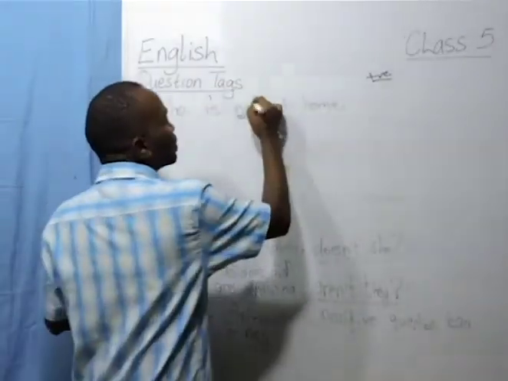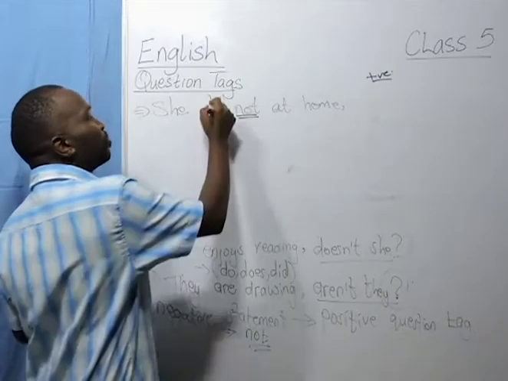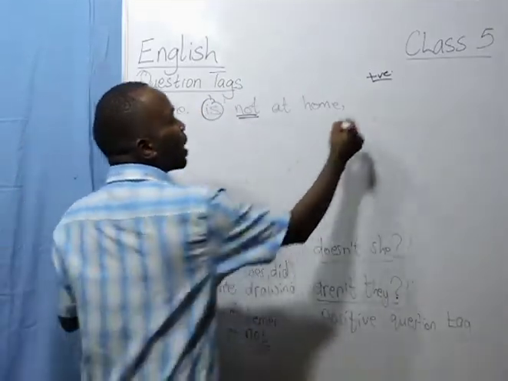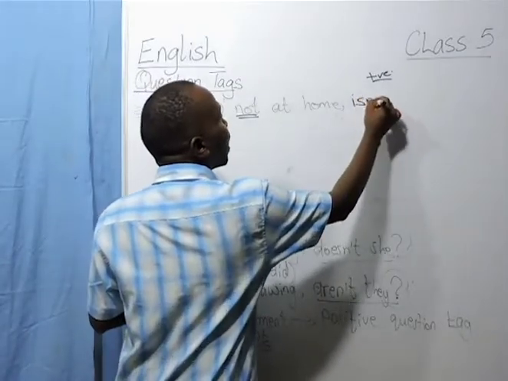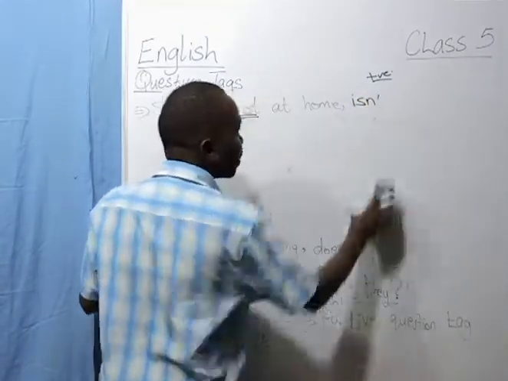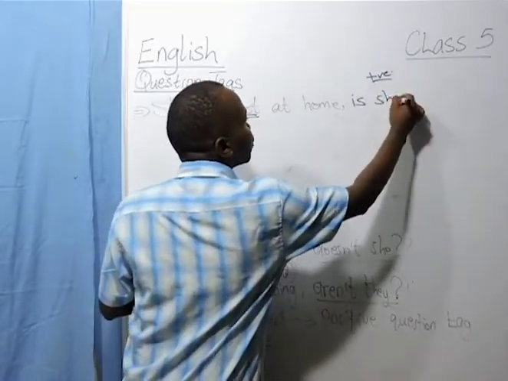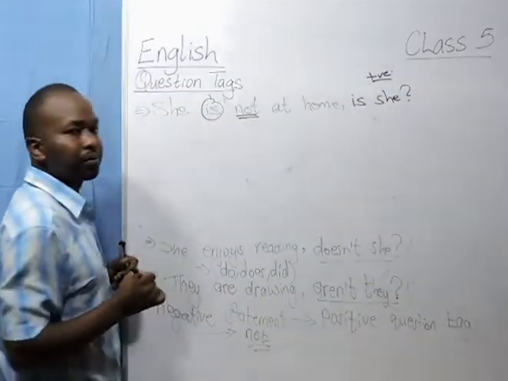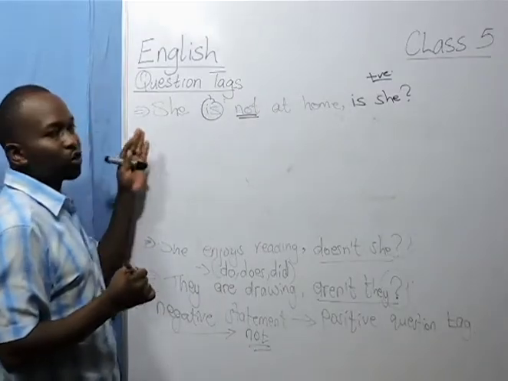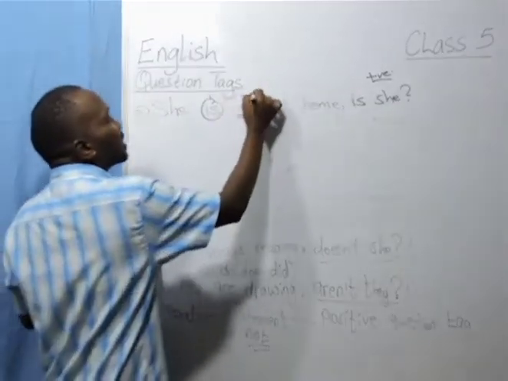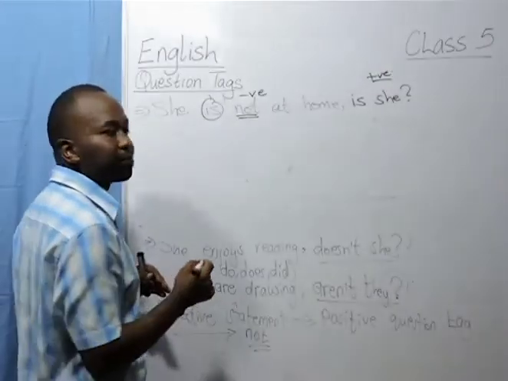We shall not repeat not in our tag. Using the helping verb, is, we are able to form our question tag. Is she? Question mark. So this one is in the positive because the statement is in the negative.